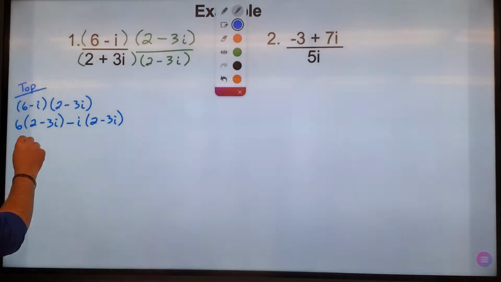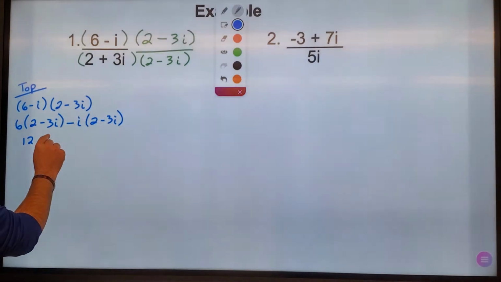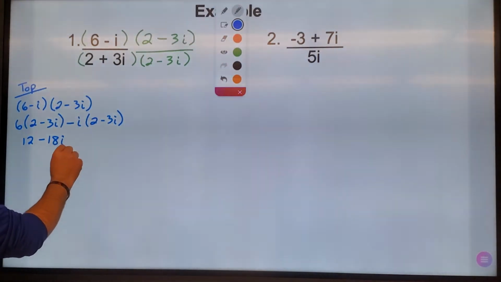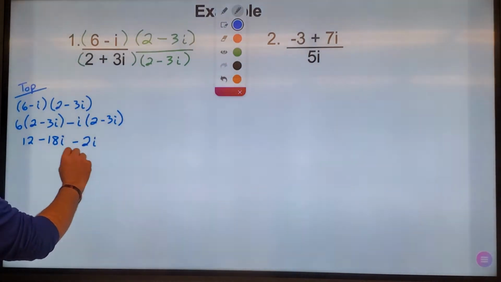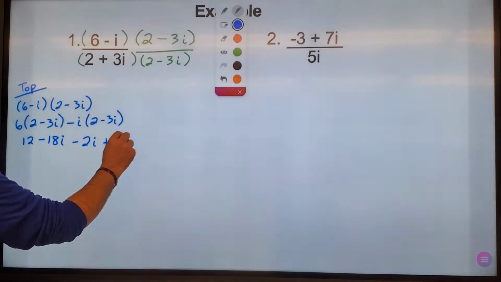Working it down, 6 times 2 is 12. 6 times negative 3i is negative 18i. Negative i times 2 is negative 2i. Negative i times negative 3i is plus 3i squared.